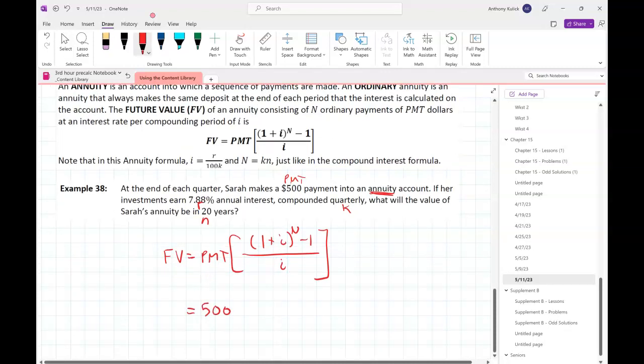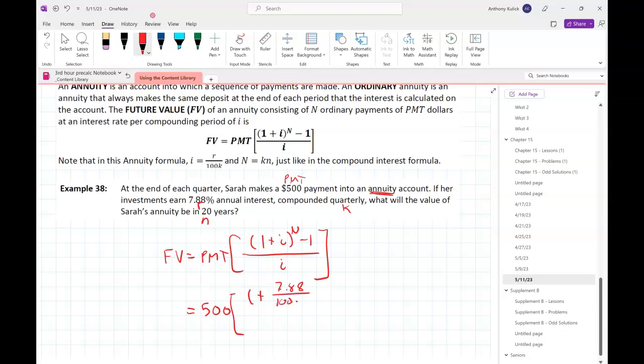So we have 500 times (1 plus 7.88 over 100 times 4) to the 4 times 20, minus 1, over 7.88 over 100 times 4.